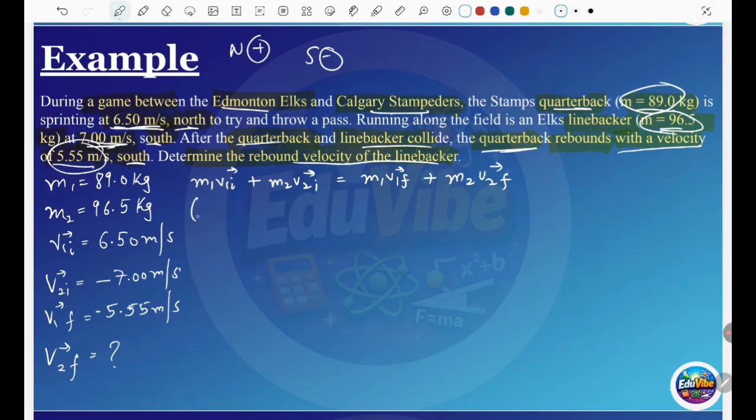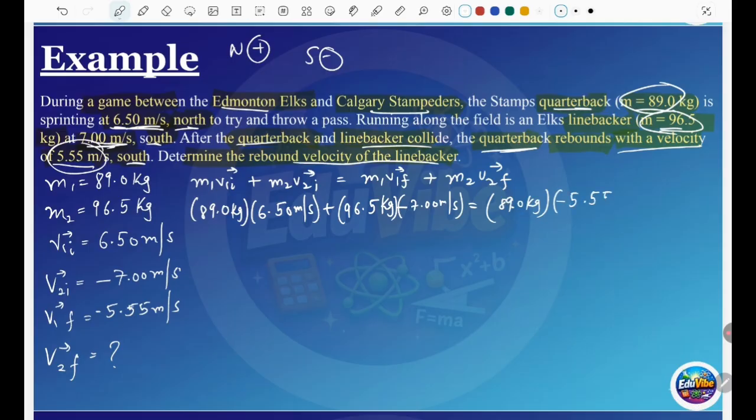So we have mass 1, which is 89.0 kg, V1I of 6.50 meters per second, mass 2 is 96.5 kg, and V2I is minus 7.00 meters per second, is equal to M1, 89.0 kg, times V1F, minus 5.55 meters per second, plus mass 2, again 96.5 kg, times V2F, which we have to find. This is not given to us.